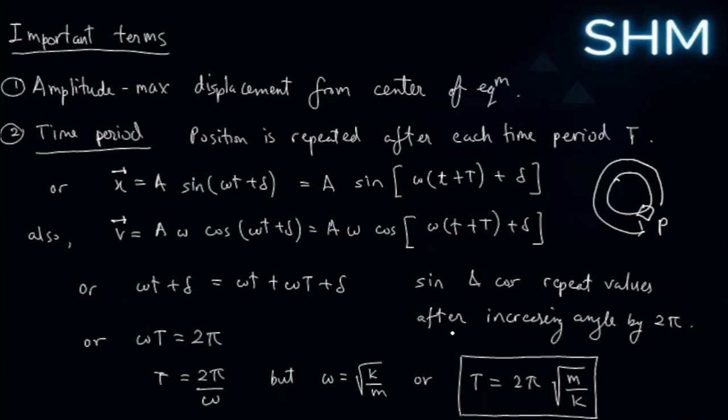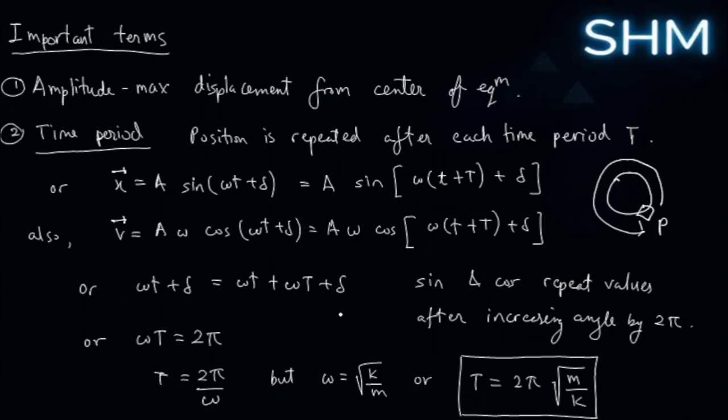So can we say that this increment of omega capital T, or omega into time period, is equivalent to an increment of 2 pi? मान लो sin 0, उसके बाद sin(0 plus something) has the same value as sin 0.